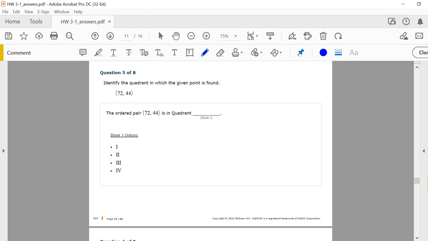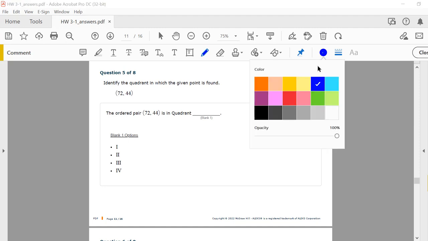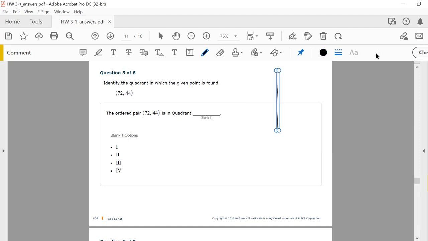Question 5. Identify the quadrant in which the given point is found. Okay, I'm going to go draw my axes. In the x direction, I want to go +72, so over here. Then I want to go in the y direction +44. My point is here at 77, 44.